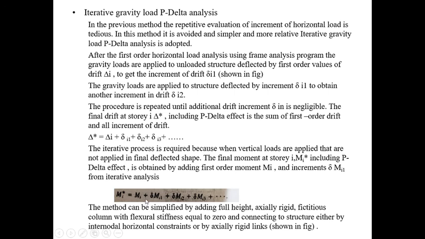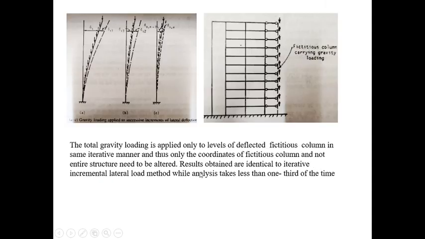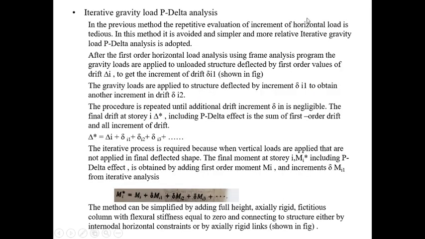I is the story level here. This method can be simplified by adding a full height axially rigid fixture column. To simplify it, we add it here, as shown. We add one fixture column, a gravity loading column, for the full height throughout the height of the structure, where the flexural stiffness will be taken as 0.